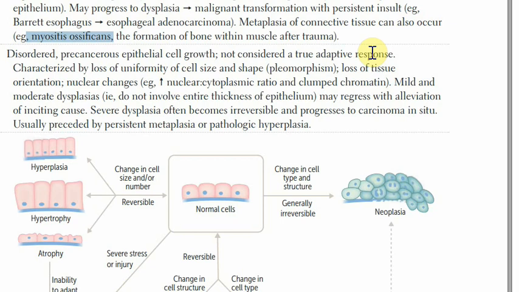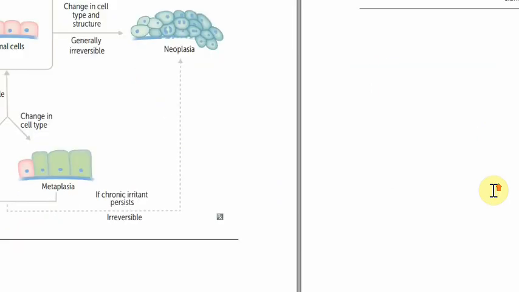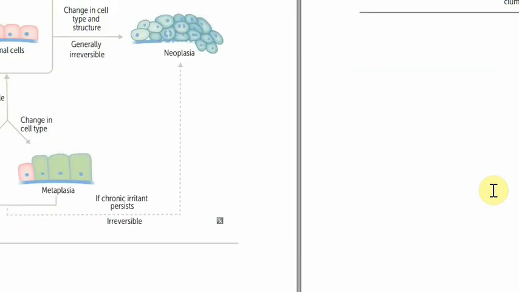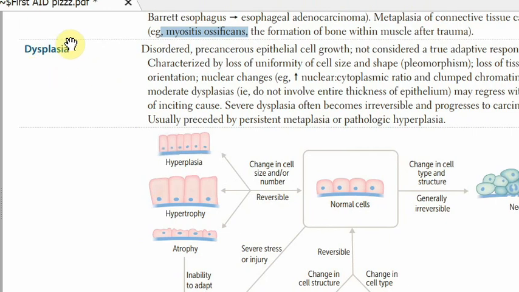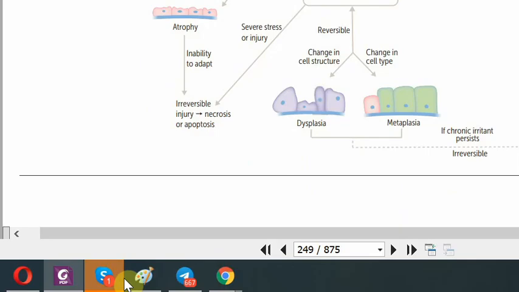So the next process will be dysplasia. This is the last process I'm going to speak about in pathology. The dysplasia process is like a disordered pre-cancerous epithelial cell growth. What does that mean? Look, guys, the shape of the cell could be disfigured, but the structure of the cell used to be like, let's say, columnar.